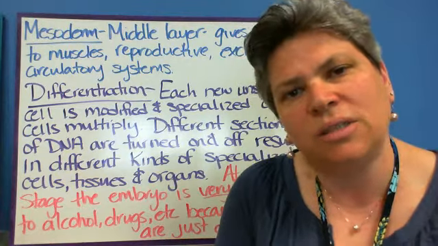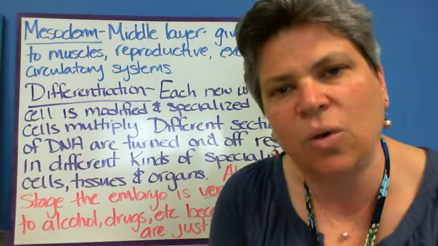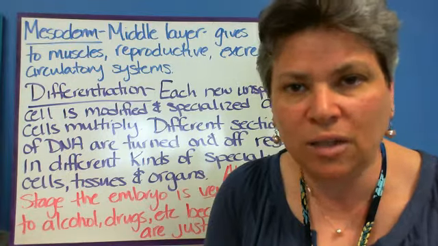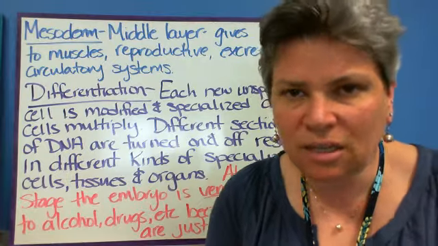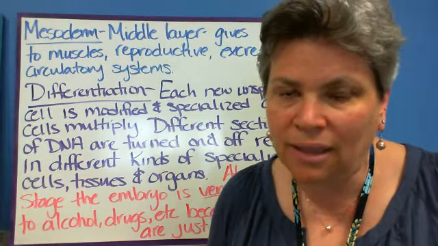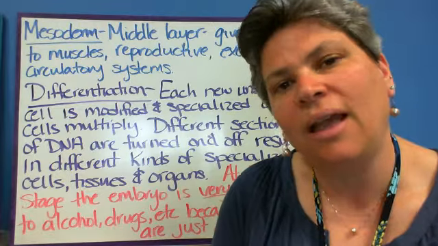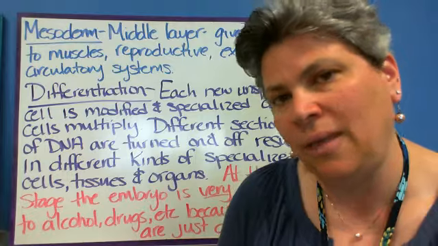This is when that developing offspring is so sensitive to things that could potentially affect it, like drugs, alcohol, tobacco. Any of those things that mom is taking into her body at that point can have a severe effect on the offspring or the developing embryo.